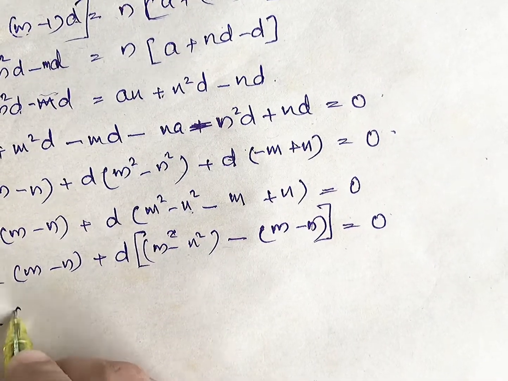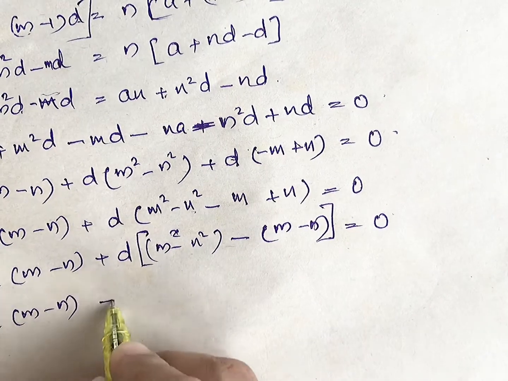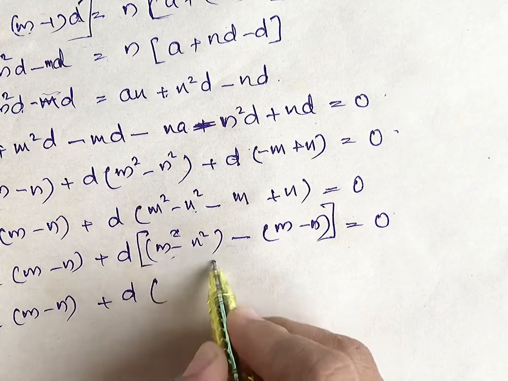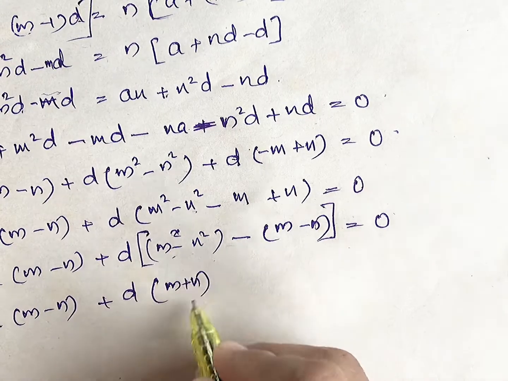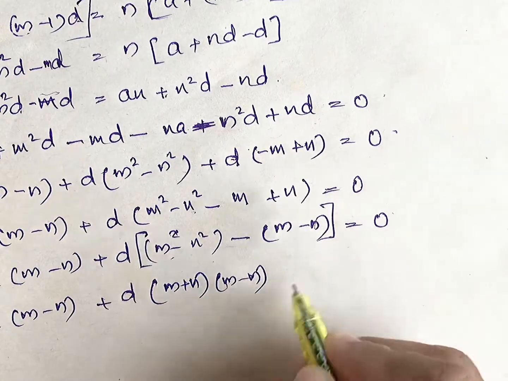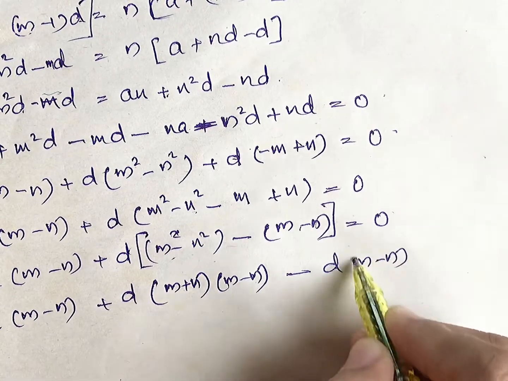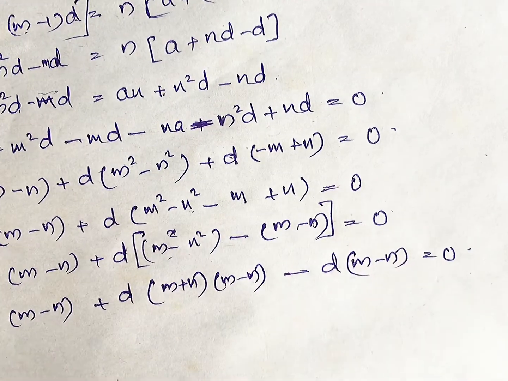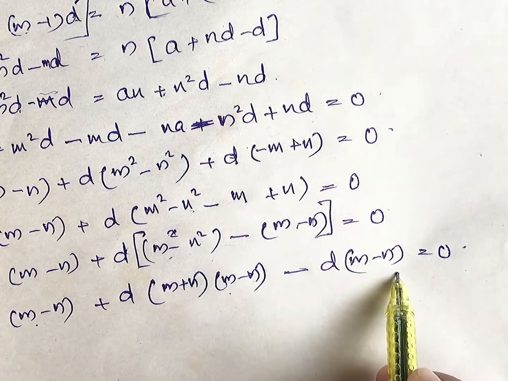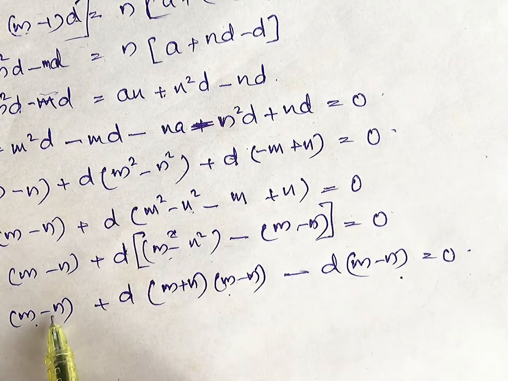Therefore, a into (m minus n) plus d into (m plus n) into (m minus n), minus d into (m minus n) equal to 0. All the three terms contain m minus n as a common term.